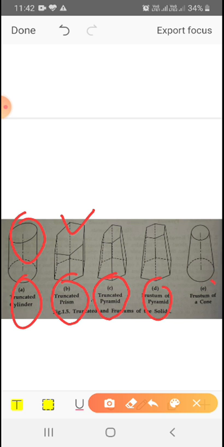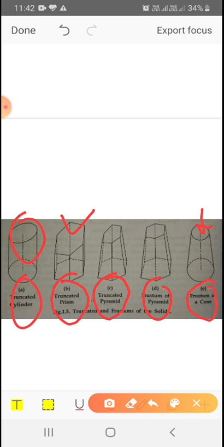Similarly, you can observe the frustum of a cone: the base of the cone and the cut surface, that is the upper part, are both parallel. So they are called frustums of solids.